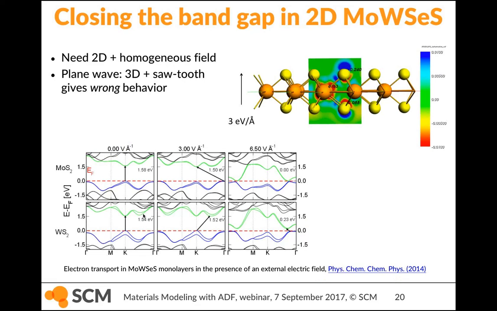Okay, so I mentioned for 2D electronic systems, having the capability of treating it as a proper 2D system makes a huge difference if you're interested in the effect of fields on the band structure and ultimately, of course, the conducting properties of your system. So here's an example from a few years back from our collaborators, the Heine Group, now in Leipzig.